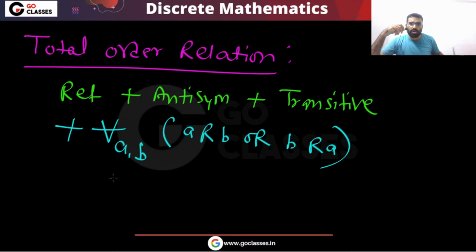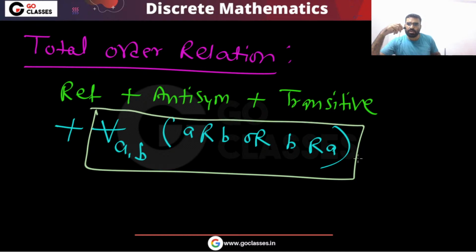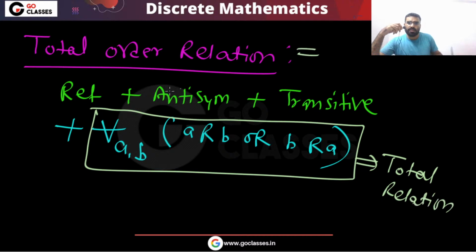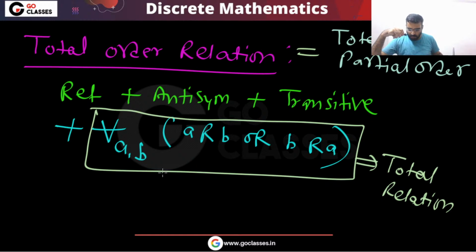So what can I say about this total order? In the question, this is the definition of total relation. So finally, I can say total order is equal to these properties plus total. I can say this is total plus partial order. Anyone has any doubt? Let me know. Is this clear to everyone?